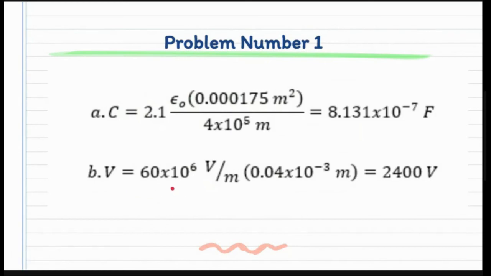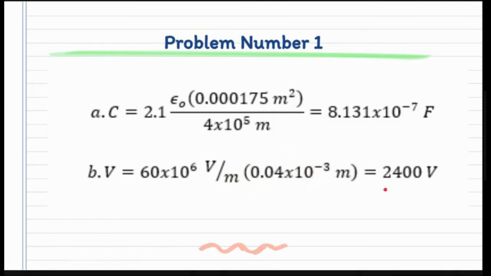The dielectric strength of Teflon is 60 times 10 to the 6 volts per meter. You can just look it up, and then we multiply it by 0.04 times 10 to the negative 3 meters. This is the distance d.